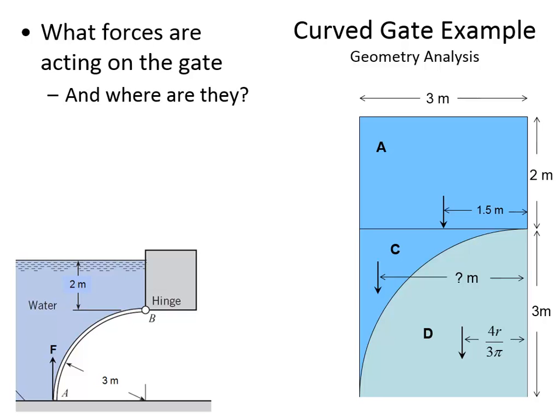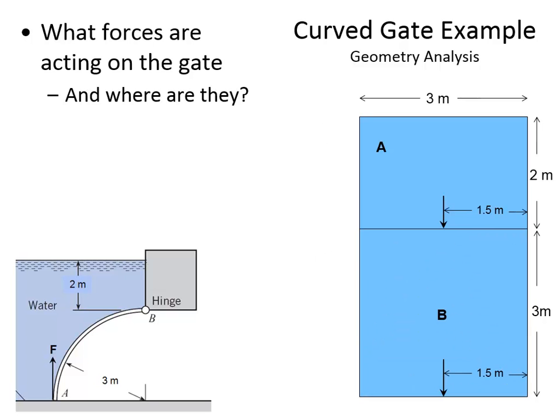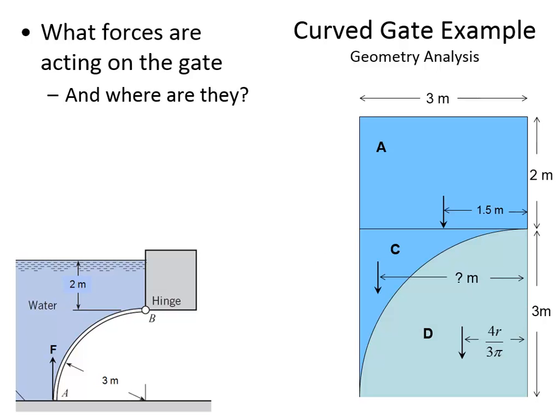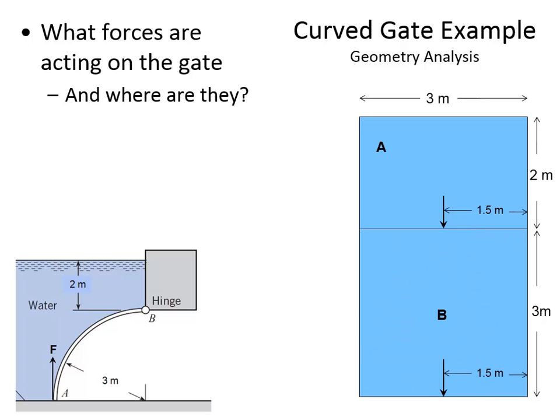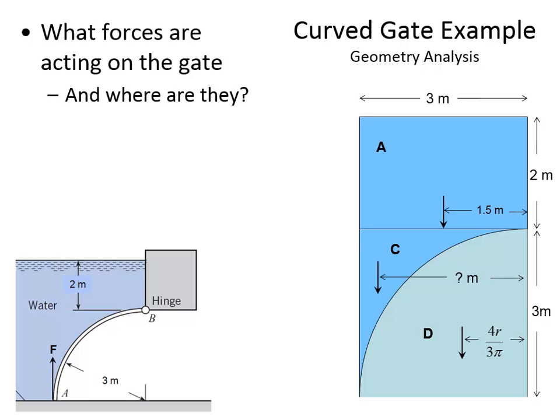The location of where this is centered, we're going to have to find by saying that B overall is at 1.5. And we know that D is at 4r divided by 3 pi. And so this location is the average of that and that.